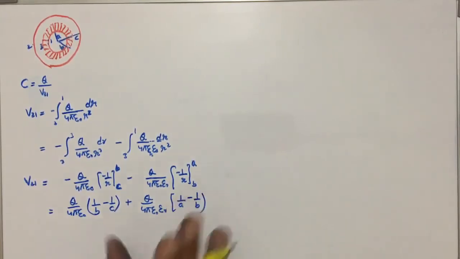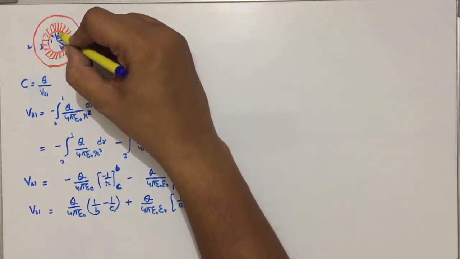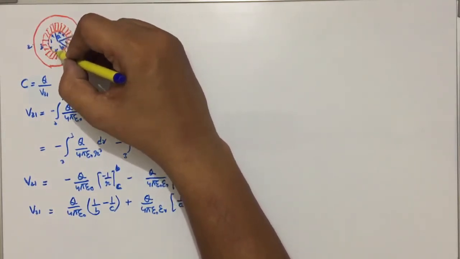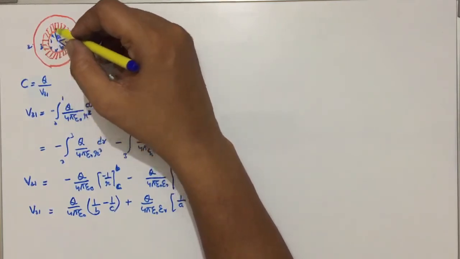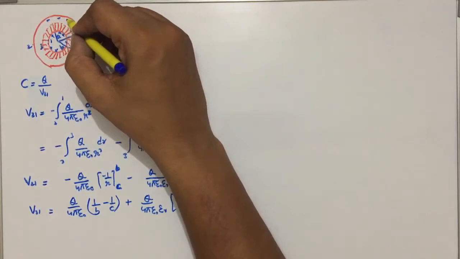So this is the potential difference between the inner and outer surface. Inner we have positive charge; it is just the previous case with another dielectric material, that's why I have not shown all the possibilities.